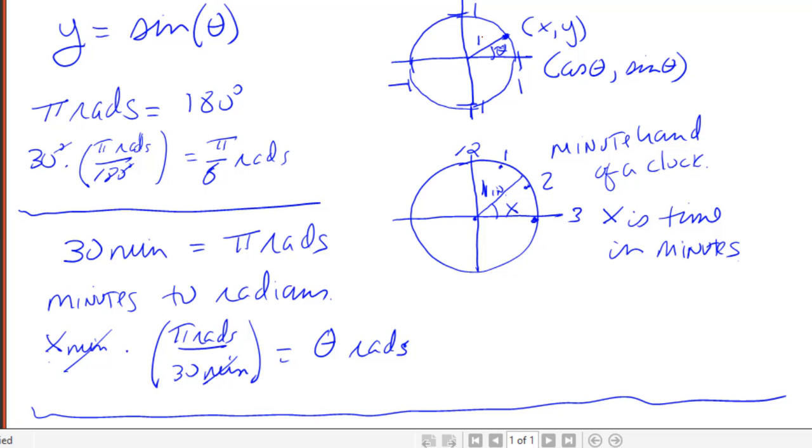We can use a circle that's not a unit circle and still come up with a value, but notice we have to divide by r. So really, when we divide by r, if it's not a unit circle, the purpose of dividing by r is to get back to the unit circle. So I'm going to say right now the sine function is defined on the unit circle.